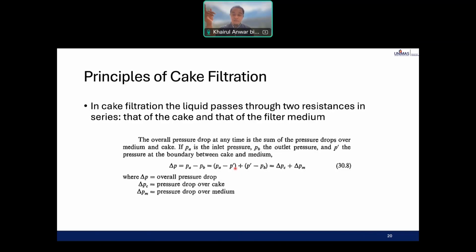So the pressure drop over the cake and the pressure drop over the medium are different. It should be different because the cake normally is quite thick, depending on how long the cake builds up, and the medium's thickness is the same. Should be the same, with some compression, but should be the same.